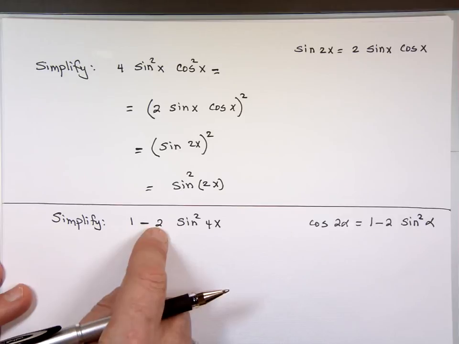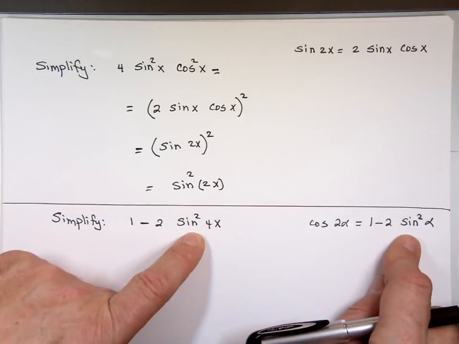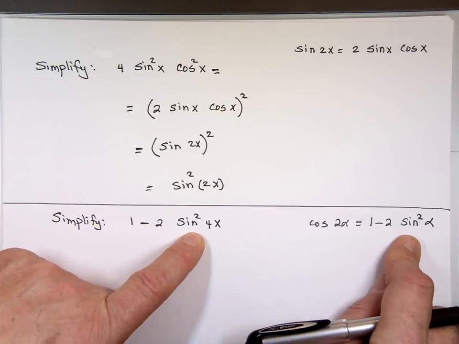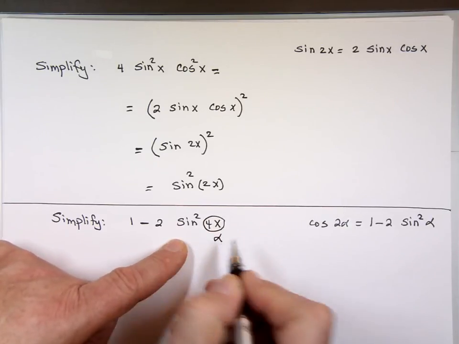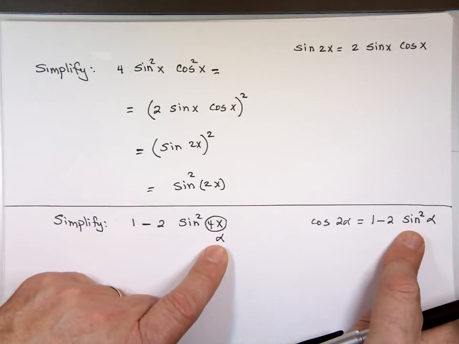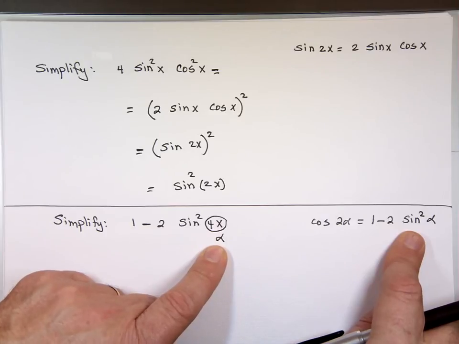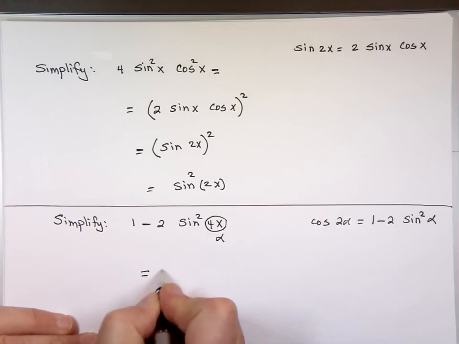So when you compare these two together, that tells me, you know what? This is really my alpha. So my answer should be what? Cosine twice that angle. So my answer should be cosine 2 times alpha. But what's alpha equal to?